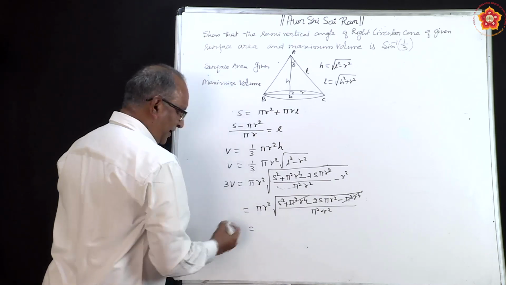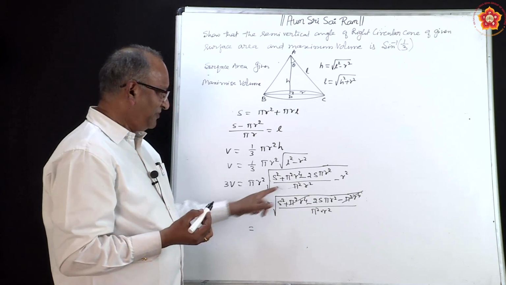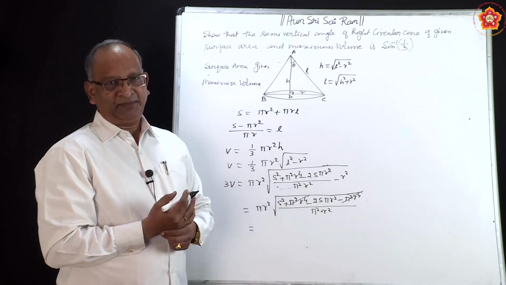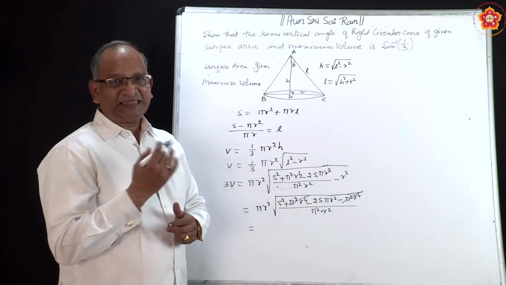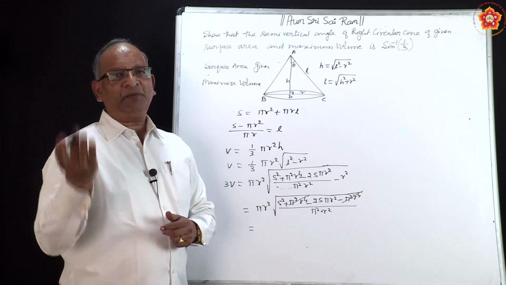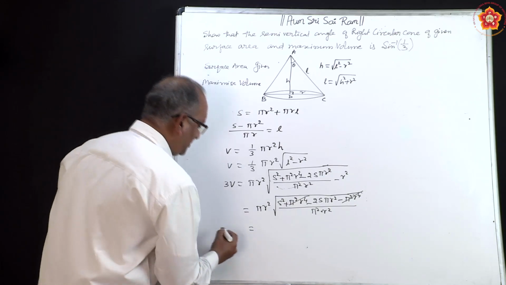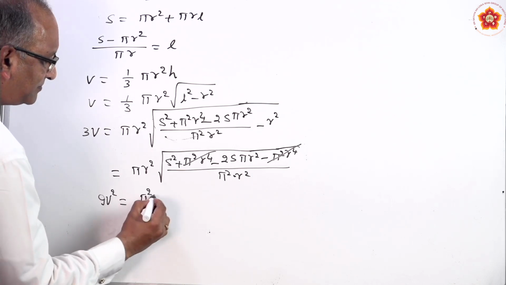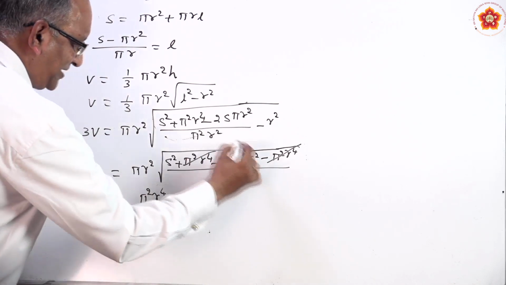So in order to simplify, just like the last problem, again we find a lot of square root terms. So for convenience sake, instead of trying to maximize volume, we say that if v square is maximum, automatically v will be maximum. So square both sides. You will have 9v square is equal to pi square r to the power 4, and see what is left here.